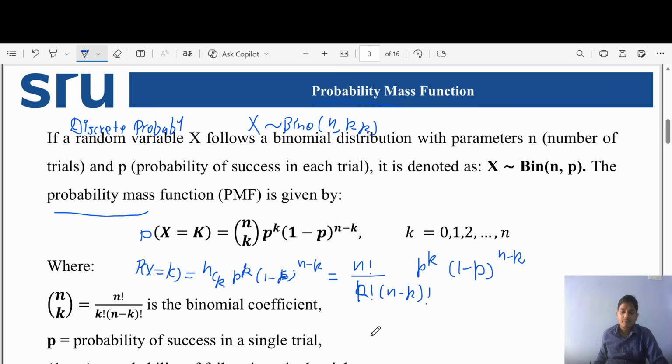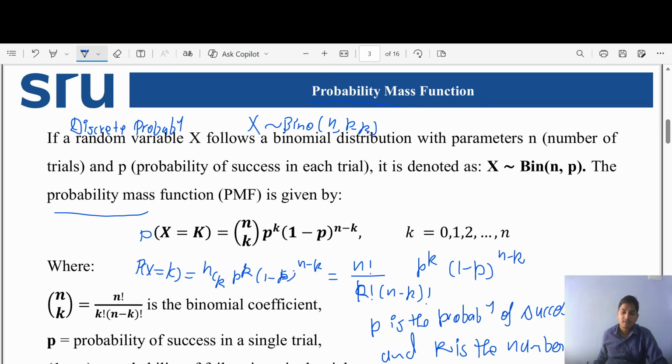So p is the probability of success, and k is the number of successes. How many successes occurred?